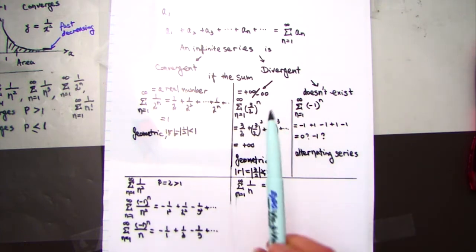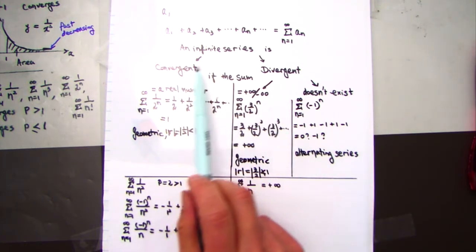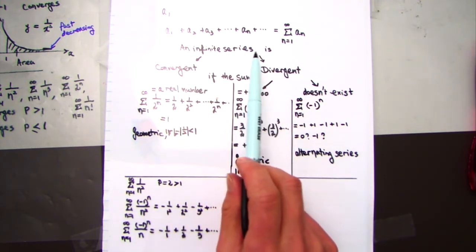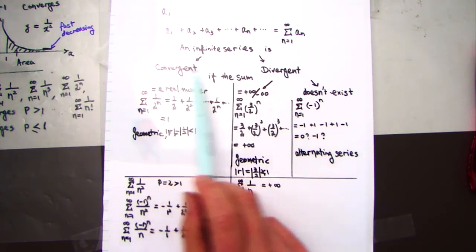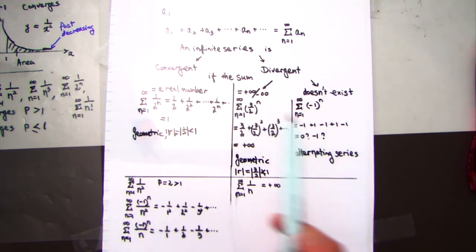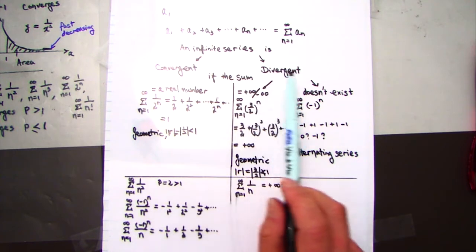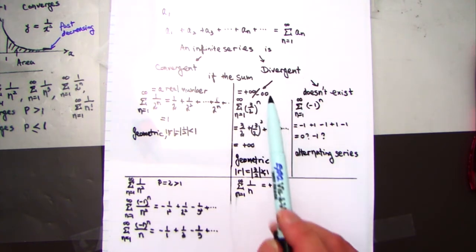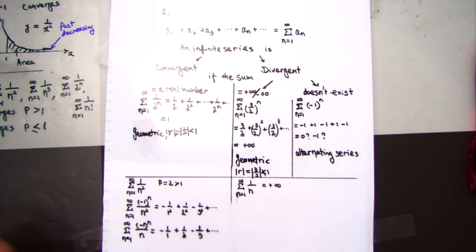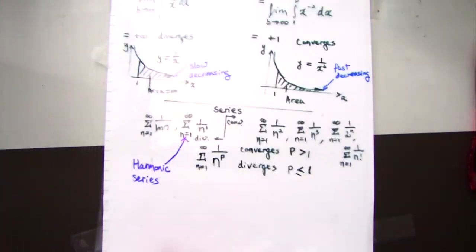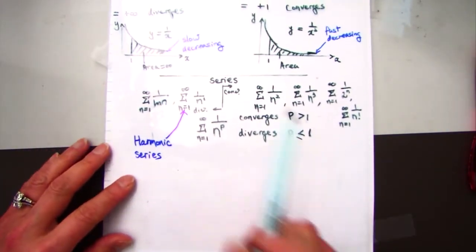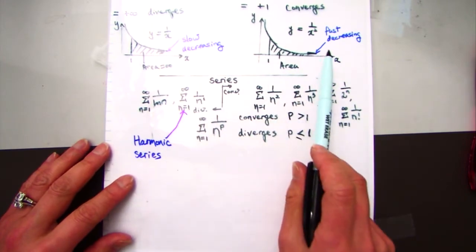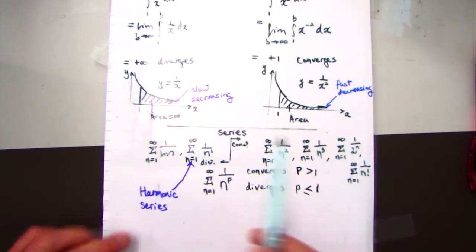Okay, so I have separated infinite series into two categories, convergent ones and divergent ones. And most of these came from the result after we finished our two fundamental, very helpful improper integrals.